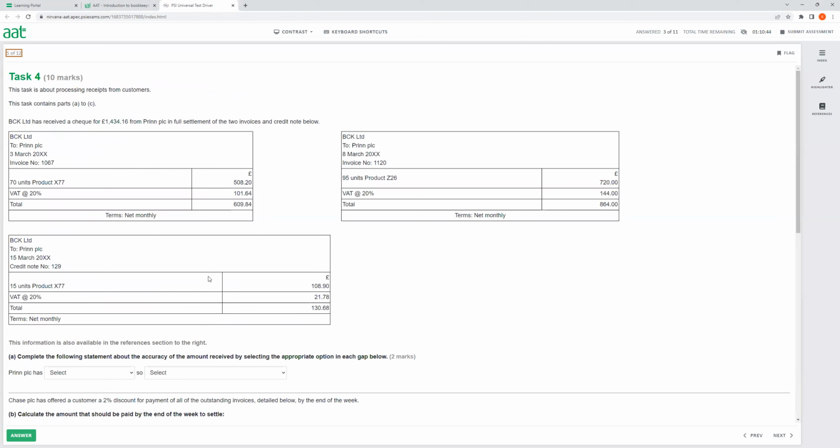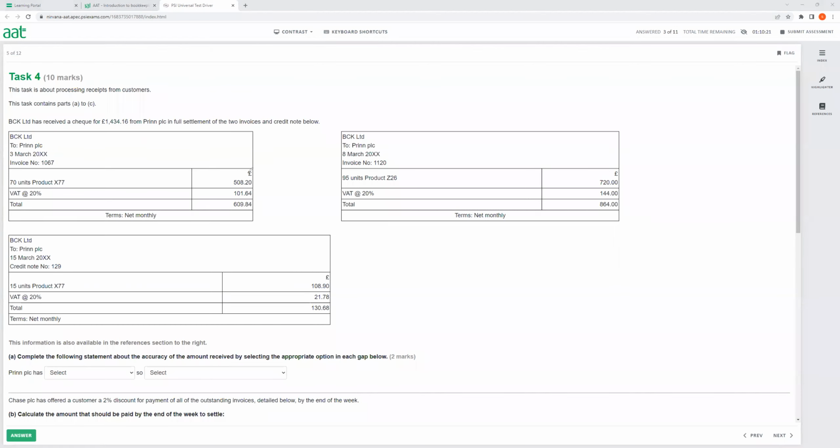The next one says here, this task is about processing a receipt from the customer. This task contains parts A to C. BCK Limited has received a cheque for 1434.16 from Payne PLC in full settlement of the two invoices and the credit note. Okay, so we have two invoices.